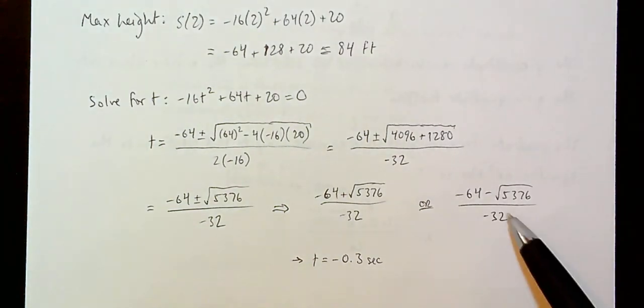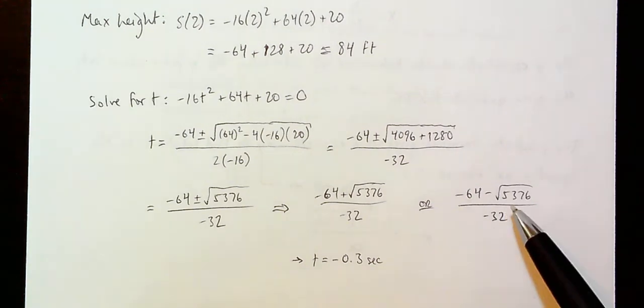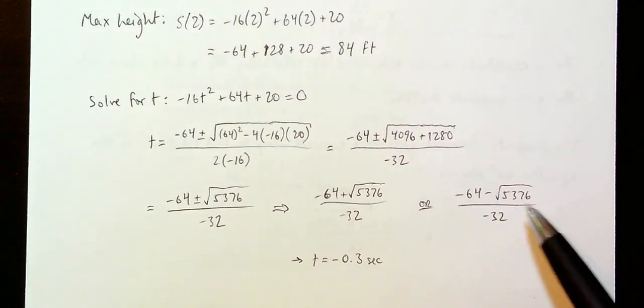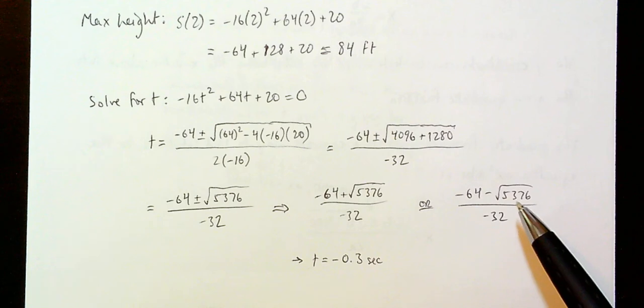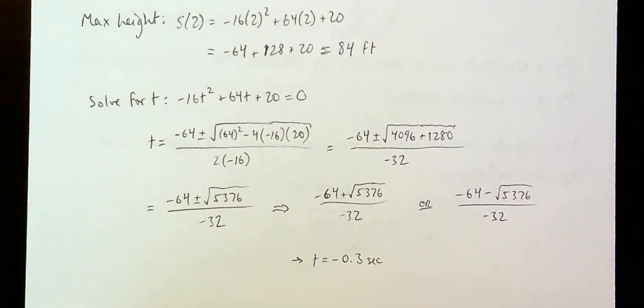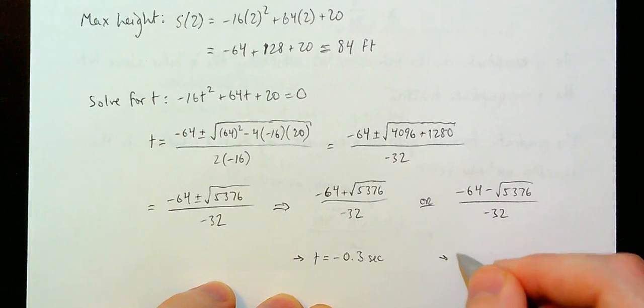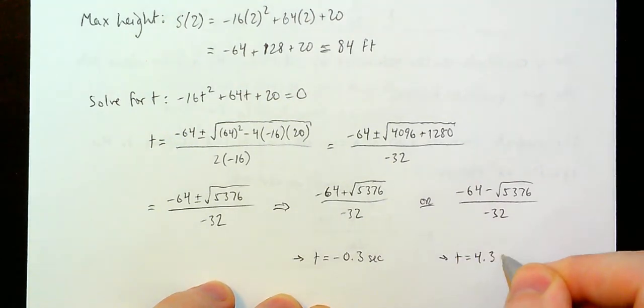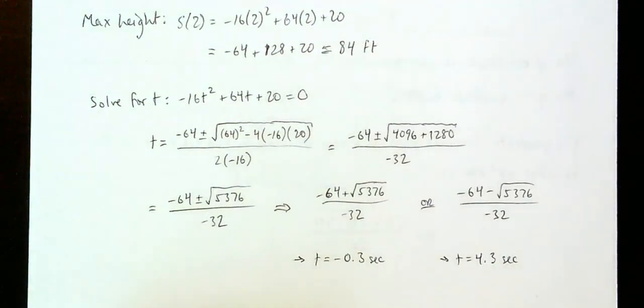To get the other one, take that square root of 5,376, multiply it by a negative 1. Then subtract 64 from that number. You'll get some new number, and then divide that number by negative 32, and you're going to get t is equal to approximately 4.3 seconds.